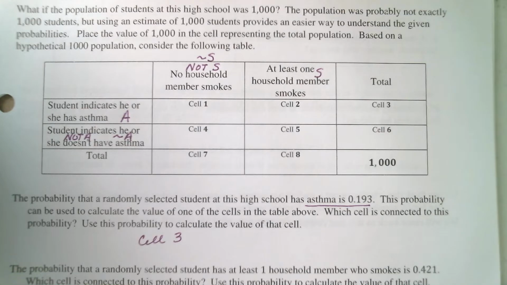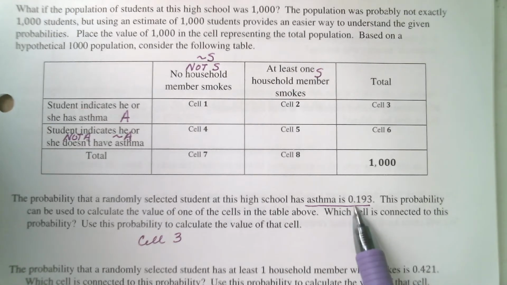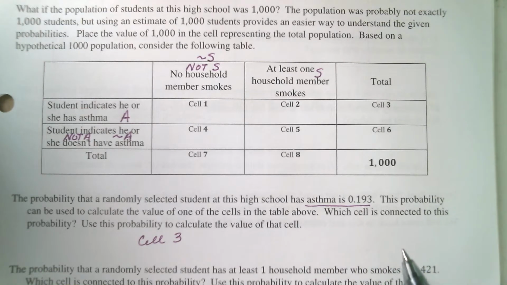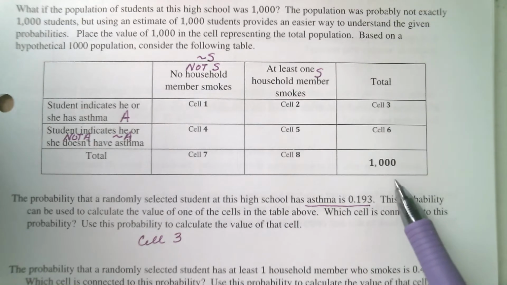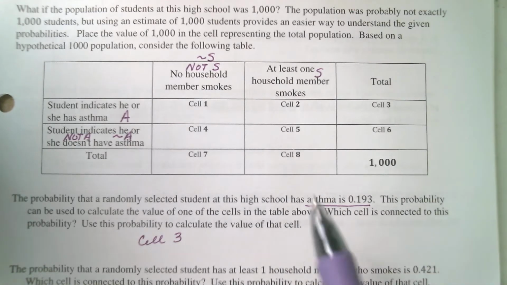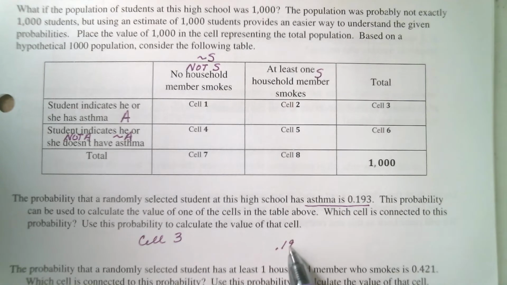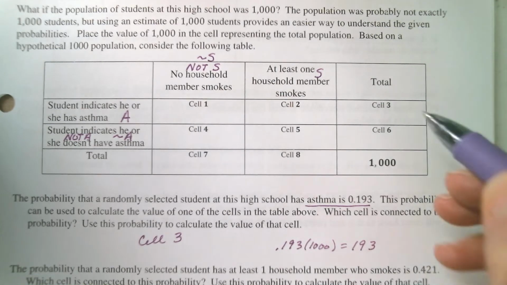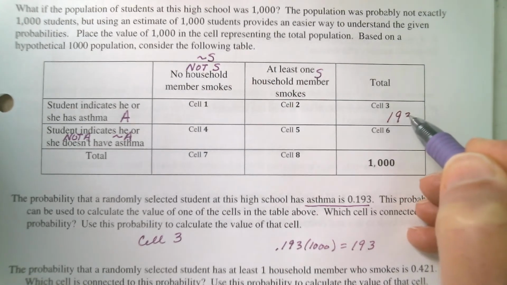Use the probability to calculate the value of that cell. Well, if the probability is 0.193, and now we're talking about 1,000 students, so if I take 0.193 times 1,000, that's 193. So place 193 in cell 3.